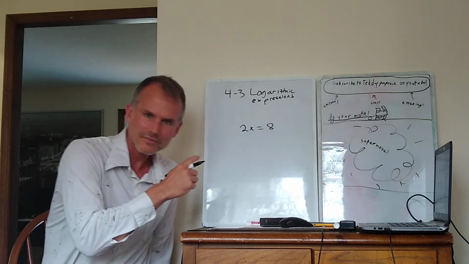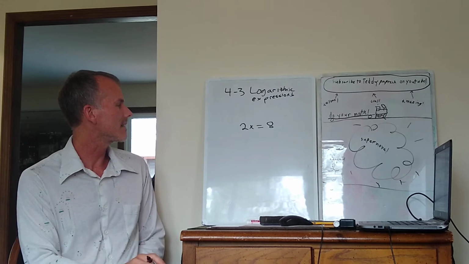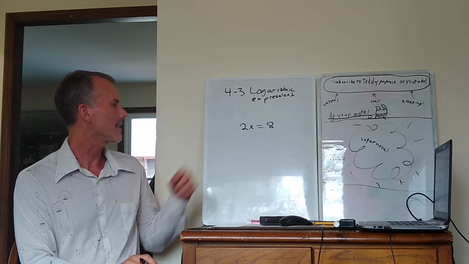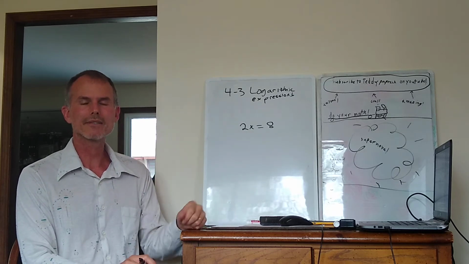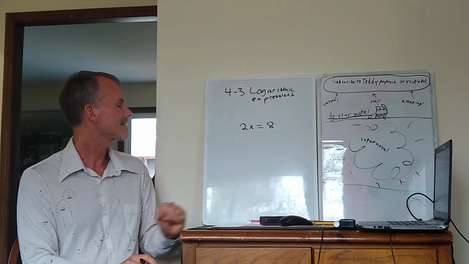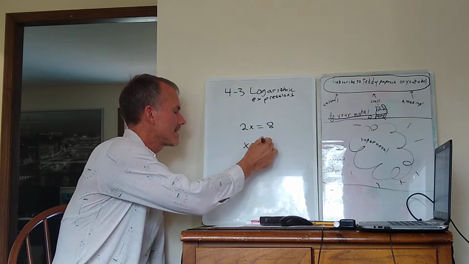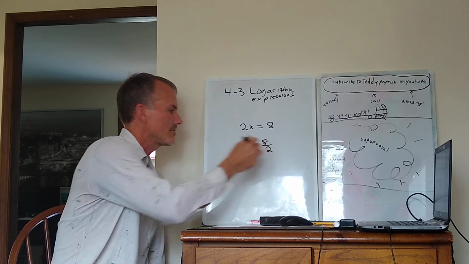So, this is an equation, and what I was going to do is actually change the appearance of this equation. I'm going to write x equals 8 divided by 2.